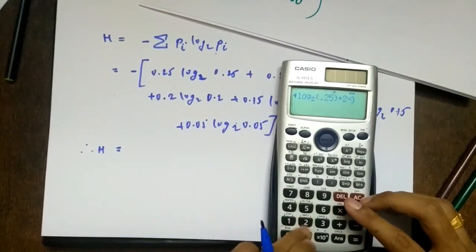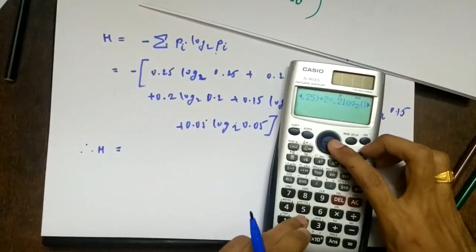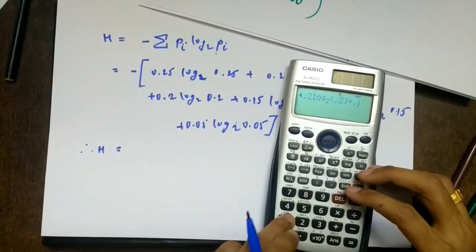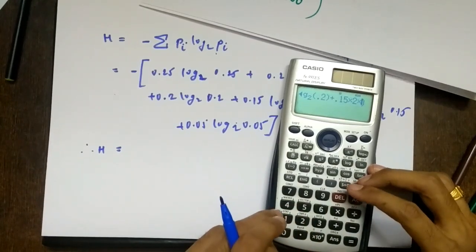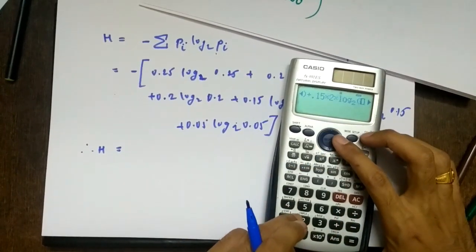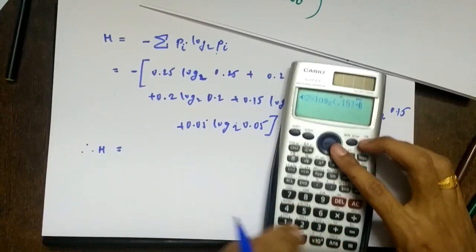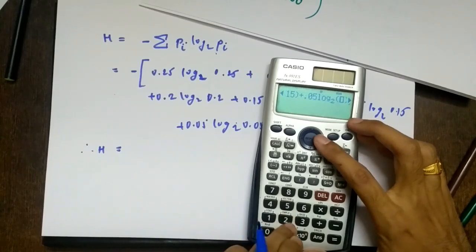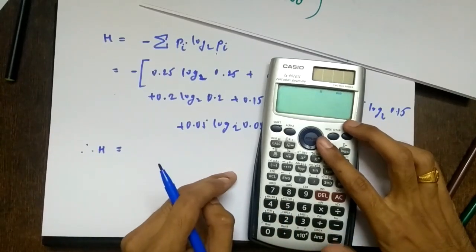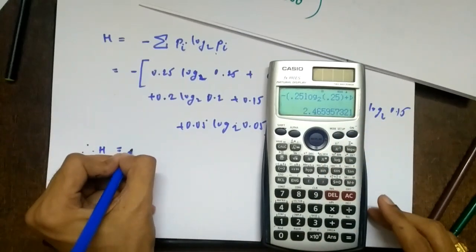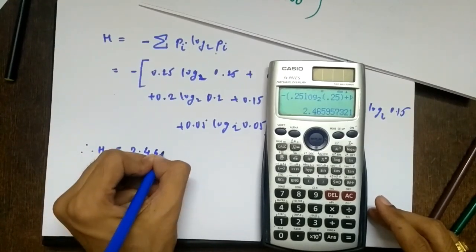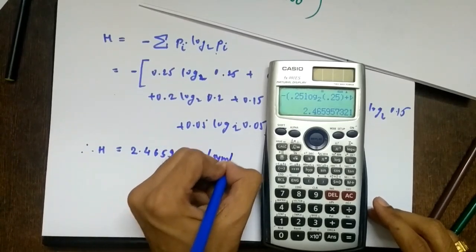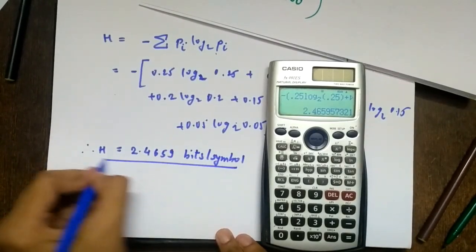So 2 into 0.2 log to the base 2 of 0.2 plus 0.15, again it is 2 times, log to the base 2 of 0.15 plus 0.05 log to the base 2 of 0.05. We are getting 2.4659 bits per symbol.